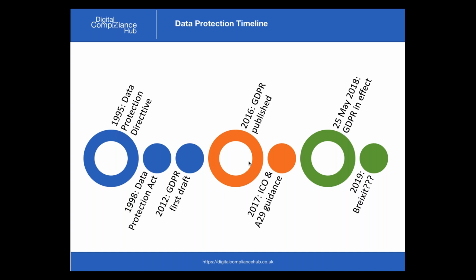So there's a lot of people out there that think that we don't need to worry about this, but actually, if you do the maths, we've got at least a year of the GDPR before we leave Europe, and then what happens at the point of Brexit still needs to be determined. But the truth of the matter is it's unlikely that we won't have something very similar, if not exactly the same as the GDPR going forward post-Brexit.